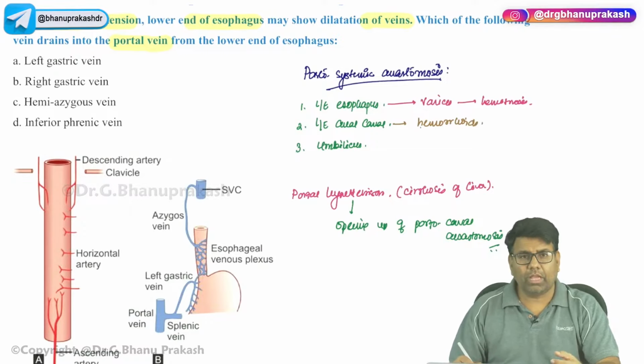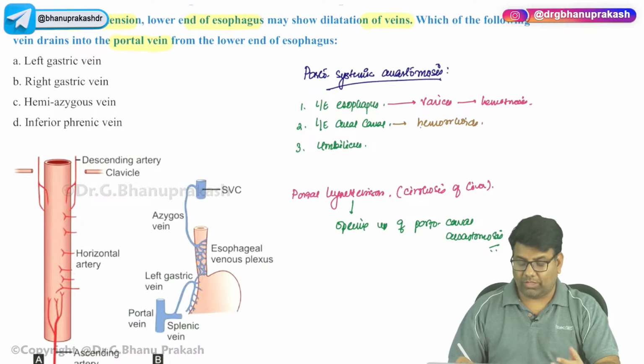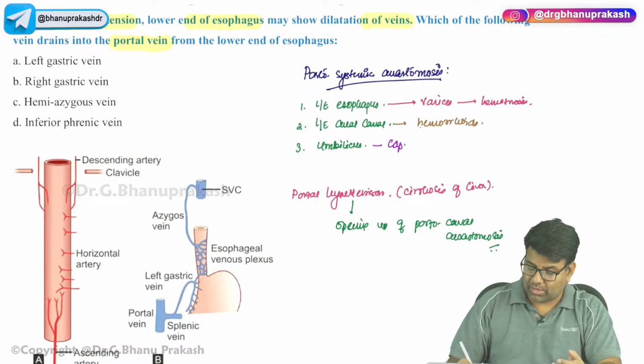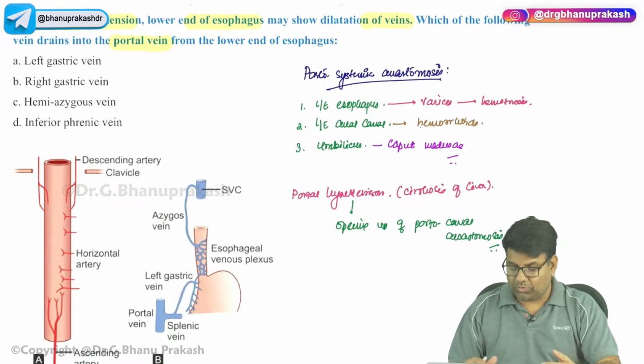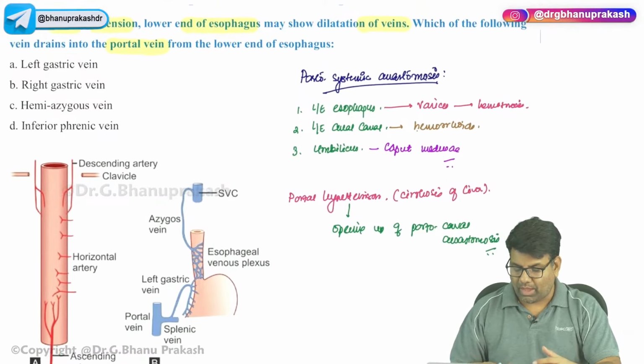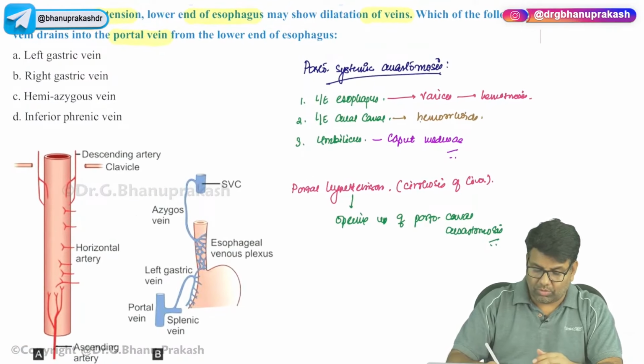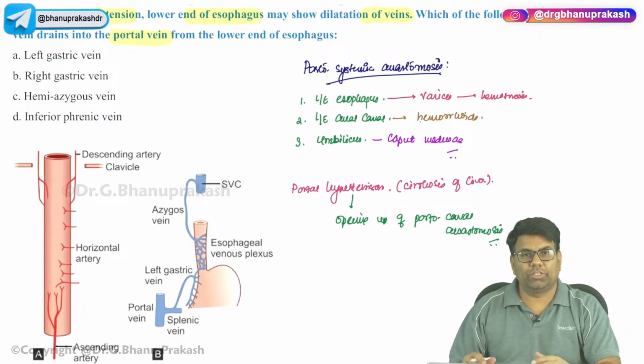And in cases of opening up of the portocaval anastomosis around the umbilicus, that results in caput medusae. So this is a very beautifully correlated concept of portosystemic or portal anastomosis, and a student should remember at least these three.